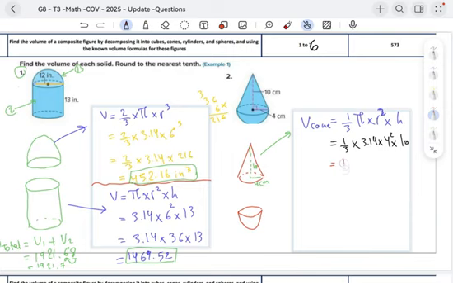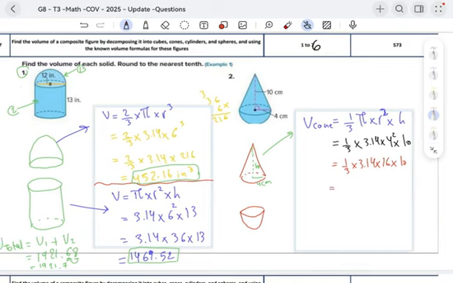We're gonna simplify 1/3 times 3.14 times 4 times 4 is 16. 16 times 10 is 160. Now we're gonna multiply by 3.14 and divide the answer by 3. The answer will be 167.46. This is the volume of the cone and the unit is centimeter cubed.